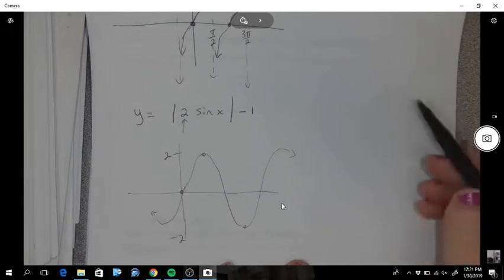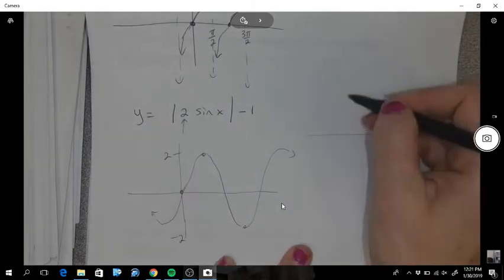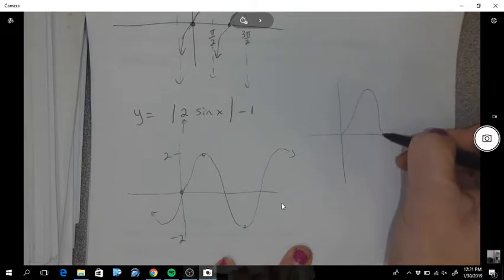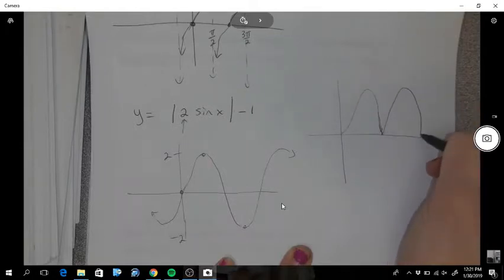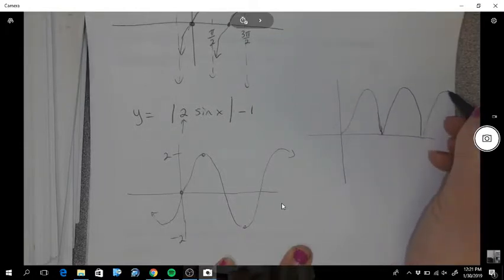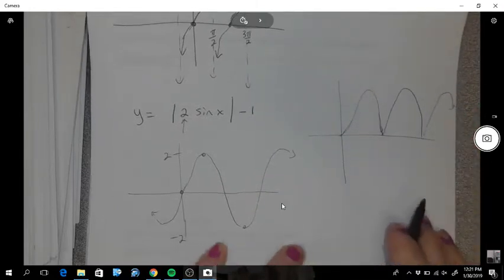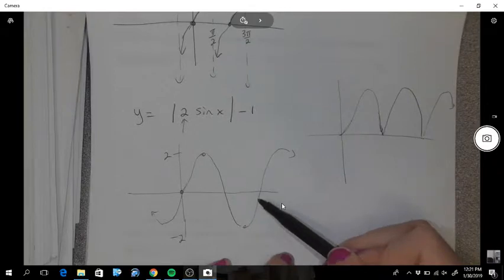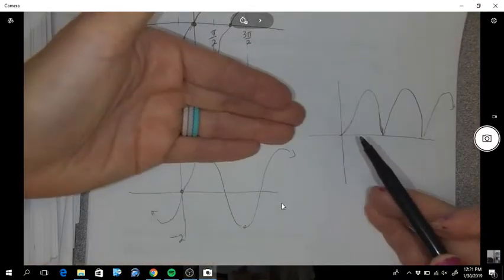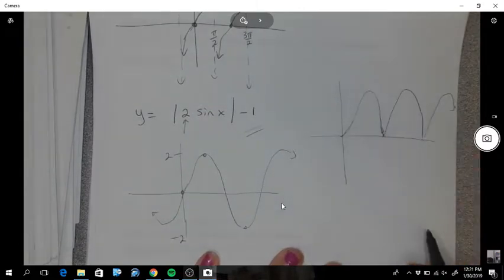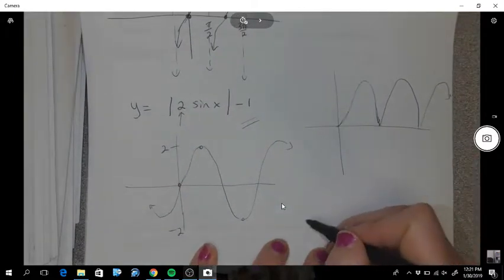Then I'm going to think about the absolute value, which means keep all the positive stuff, and then we need to reflect all the negative stuff. So this now got flipped to the positive. Then we need to think about that transformation, which shifts it down 1.